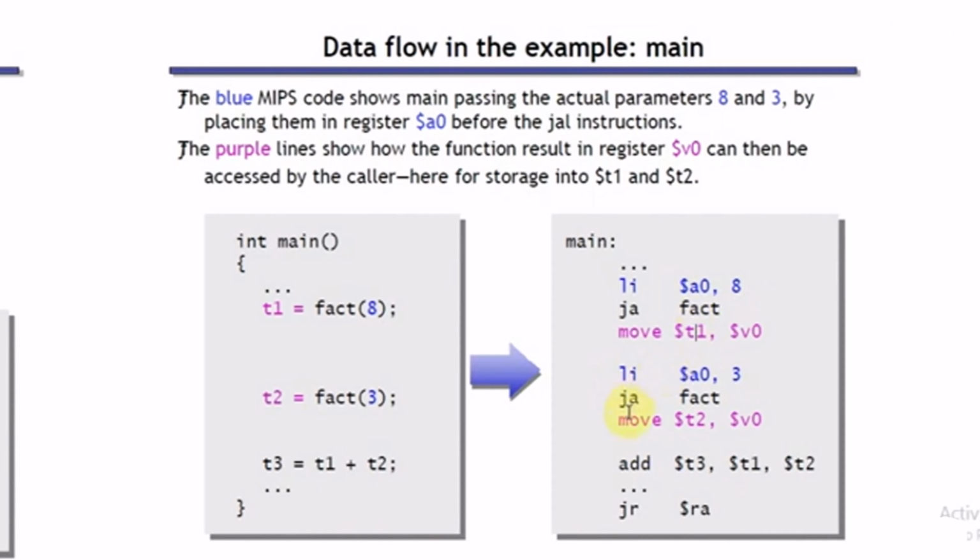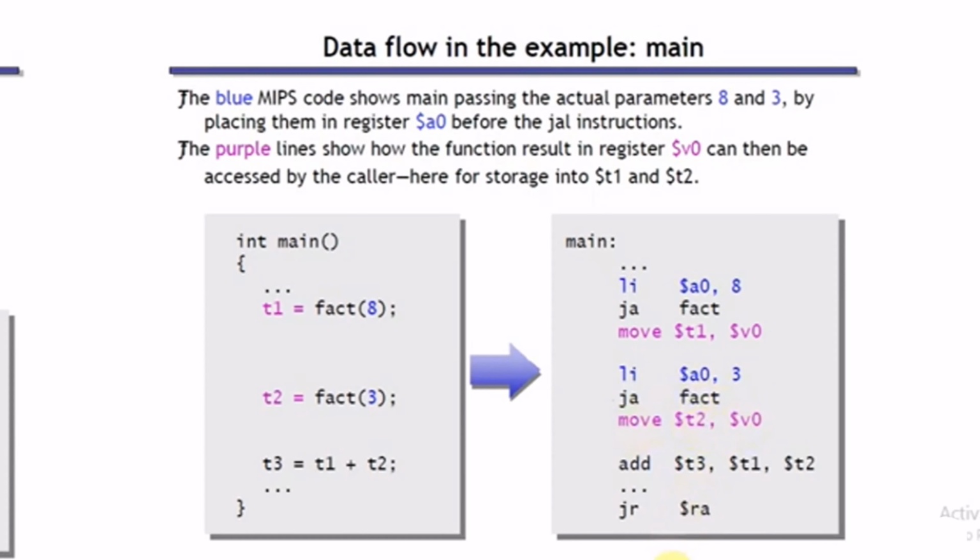We want to call the factorial this time with parameter 3. So put 3 inside $a0. Jump and link fact, and the result should be stored in another register.